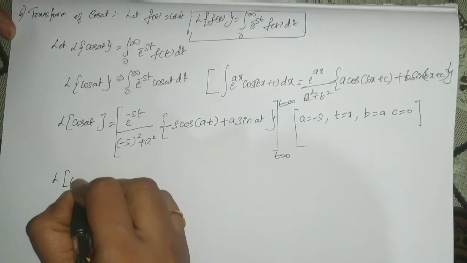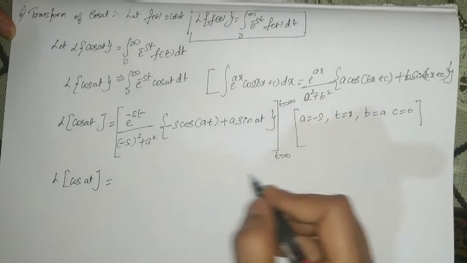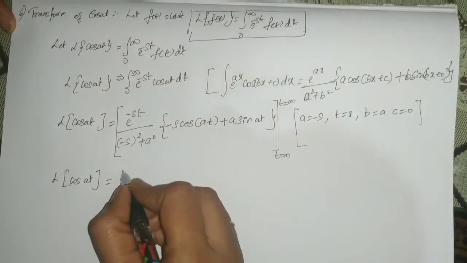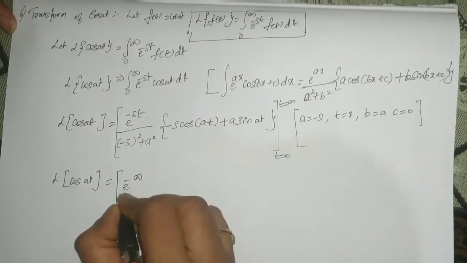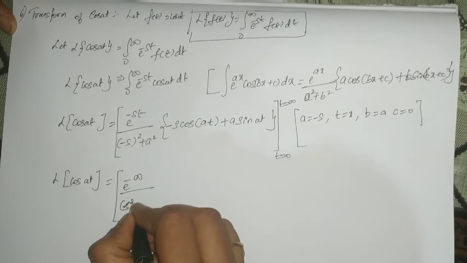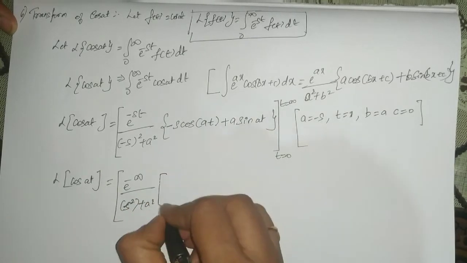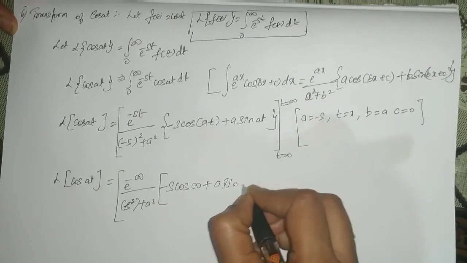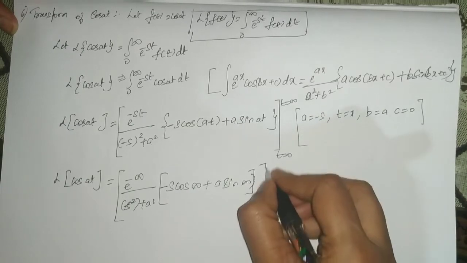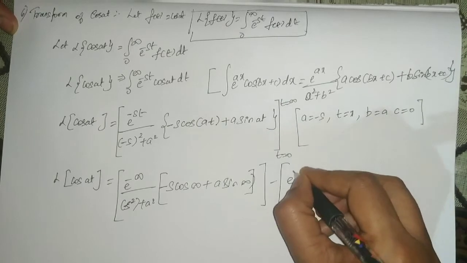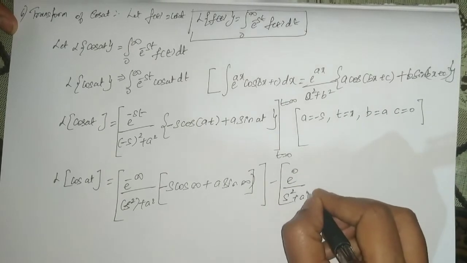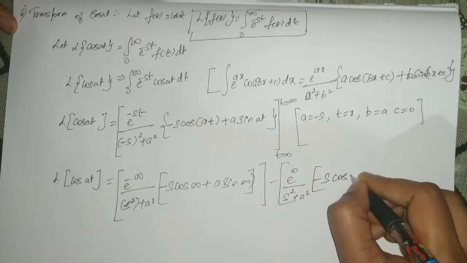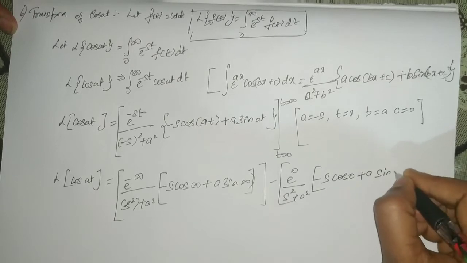So Laplace transform of cos at can be written as upper limit t replaced by infinity, lower limit t replaced by 0. So what we get: e power minus infinity by minus s the whole square, which becomes s square plus a square, into minus s cos infinity plus a sin infinity, and for the lower limit put t as 0: e power 0 by s square plus a square into minus s cos 0 plus a sin 0.